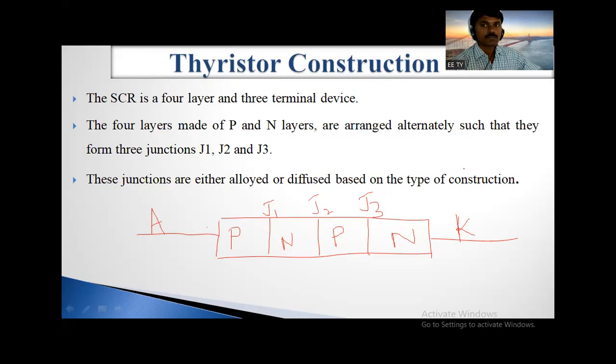Okay, so sometimes some authors represent cathode by the C also, so don't get any confusion. Mostly we will represent it with the K, but in some textbooks they represent it with the C.